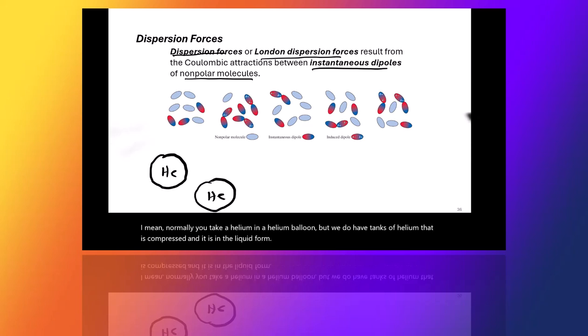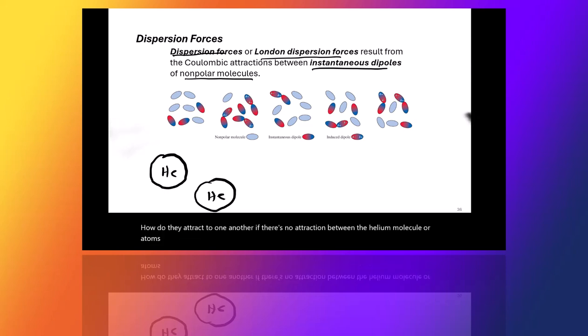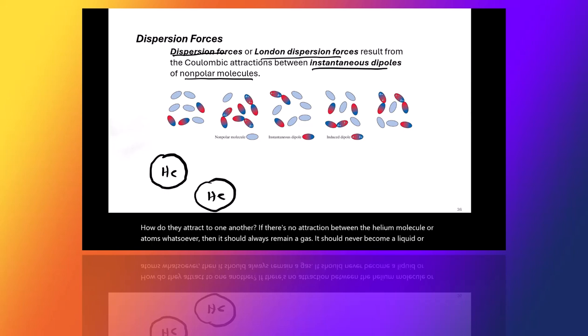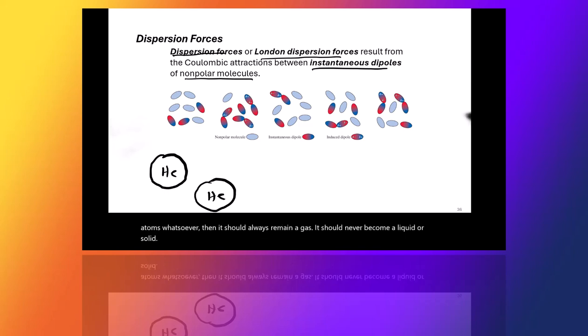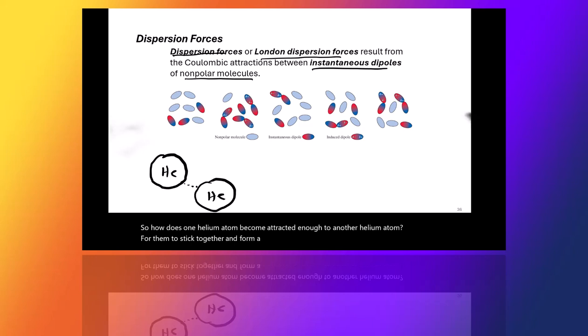Well, how do they attract to one another? If there's no attraction between the helium atoms whatsoever, then it should always remain a gas. It should never become a liquid or a solid. So how does one helium atom become attracted enough to another helium atom for them to stick together and form a liquid or a solid?